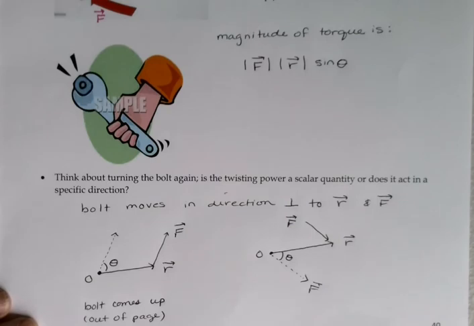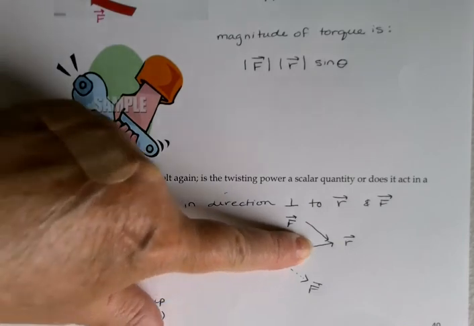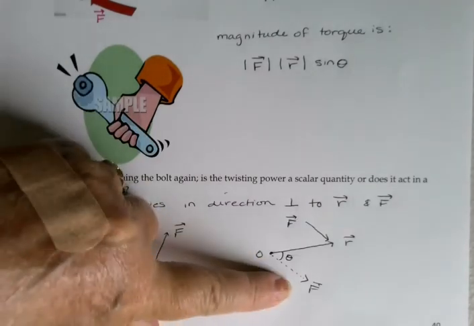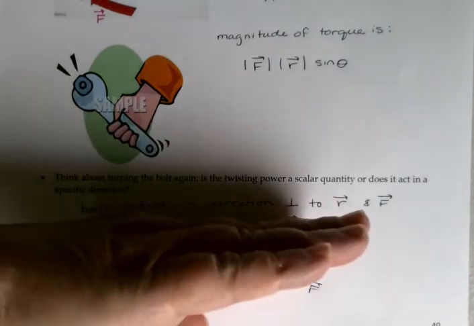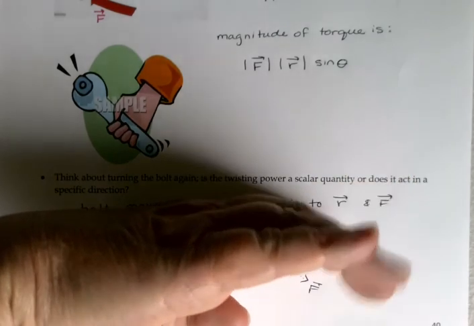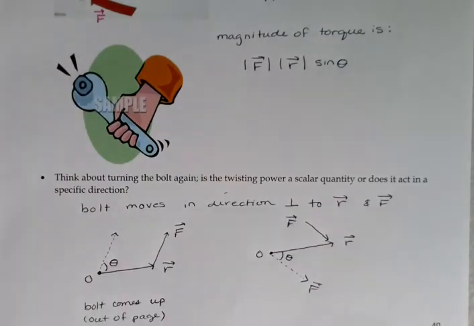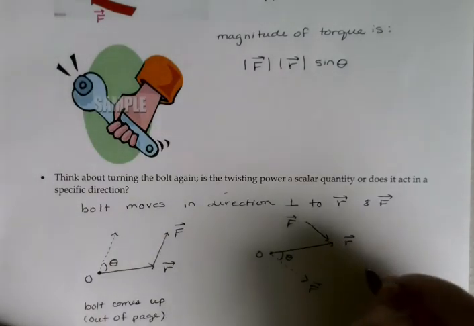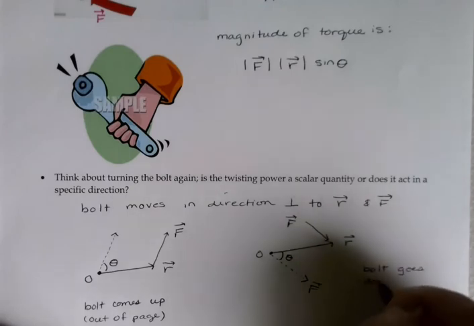Now for my right-hand rule, again I'm going to put the heel of my hand at the origin, lay my hand along R, and I want to curl my fingers toward F. So in order to do that, I'm going to have to twist my hand this way this time. There, my hand is along R, fingers curl toward F. Notice my thumb is going down into the page this time. So the bolt goes down into the page.